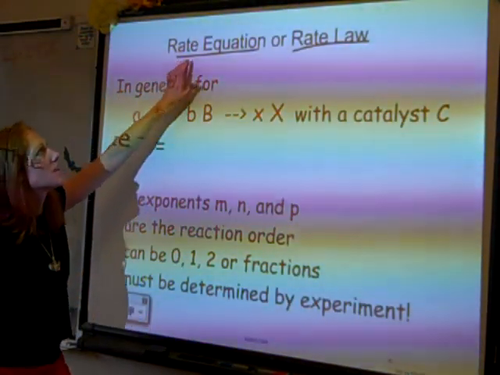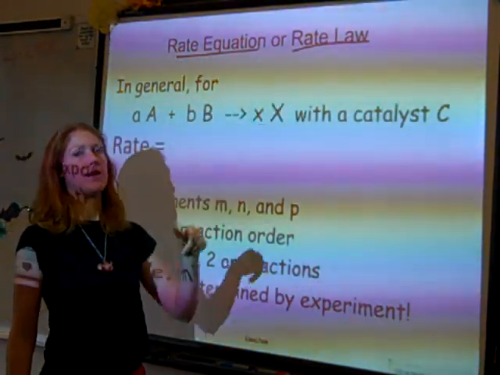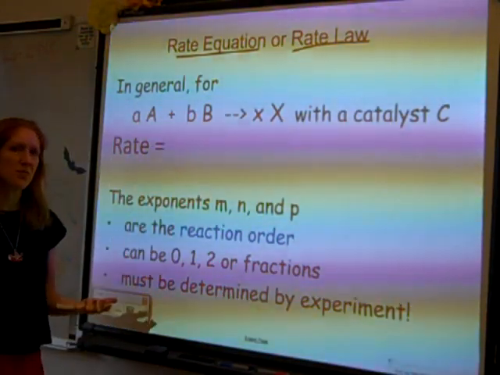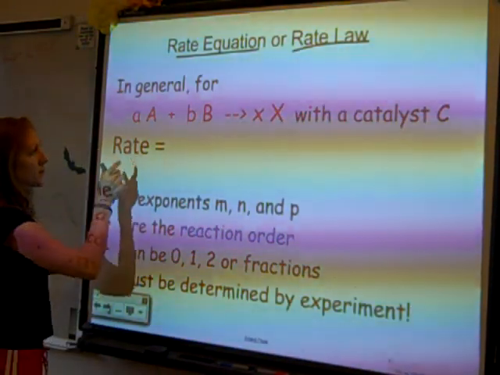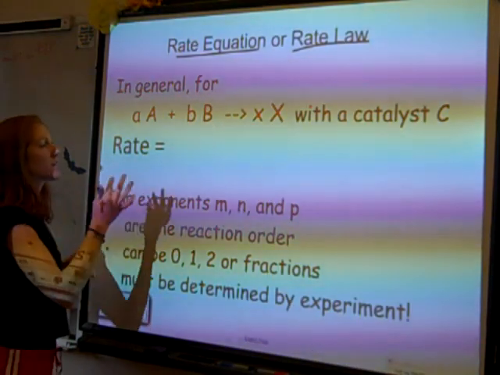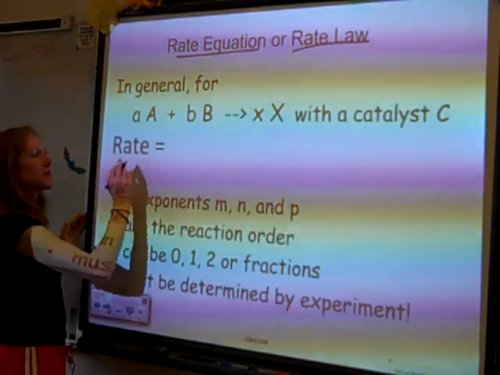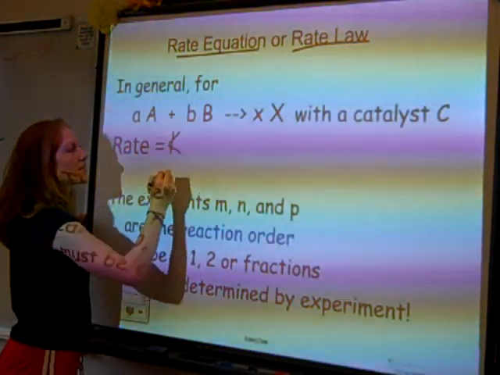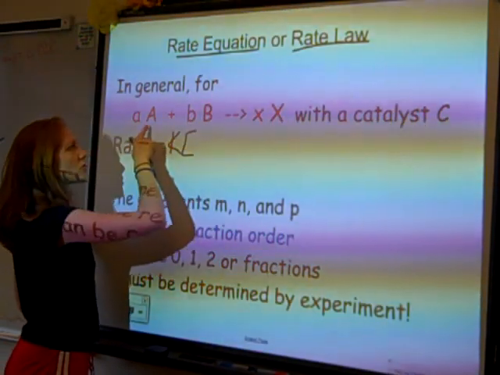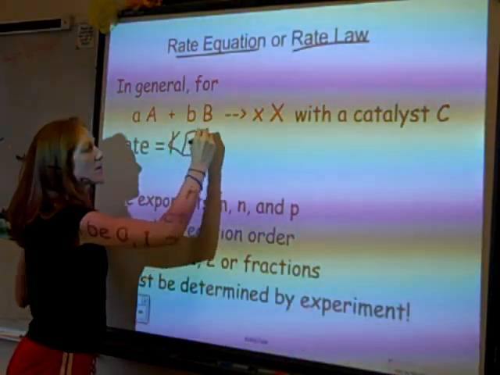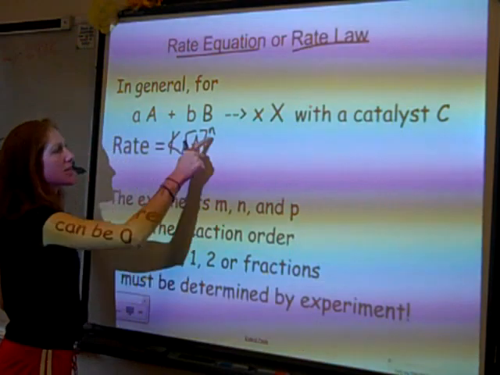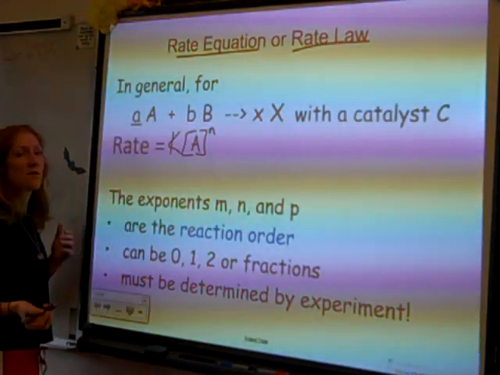And that expression is the rate equation, or the rate law. It's a generic expression that relates rate and concentrations with a K constant. So you'll have rate equal to this K constant times the concentration of A raised to some power. Notice that power has nothing to do with the coefficient.